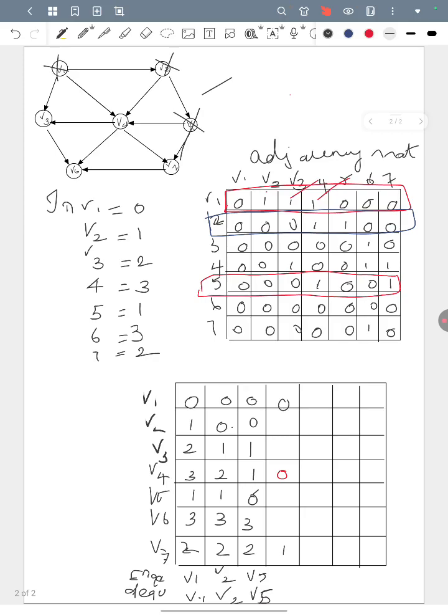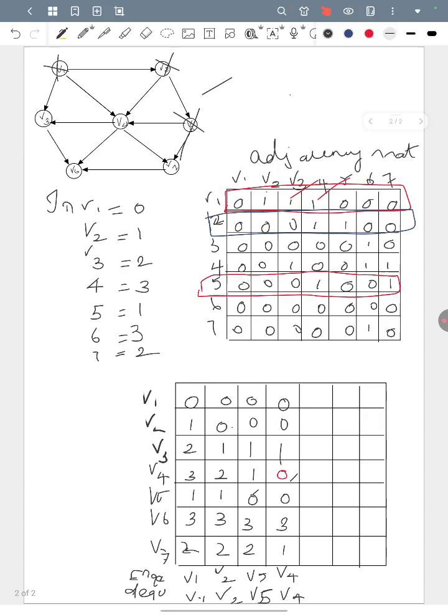Remaining values you can write as such. Okay, now we can see that V4 has 0, so we are NQing and DQing that V4.